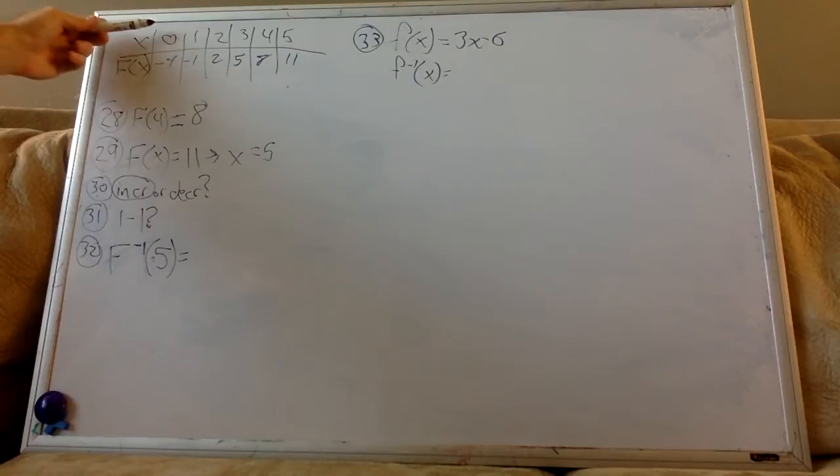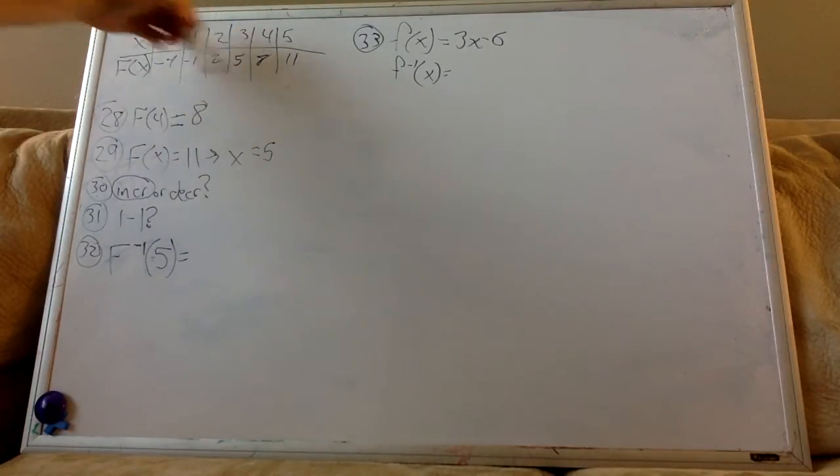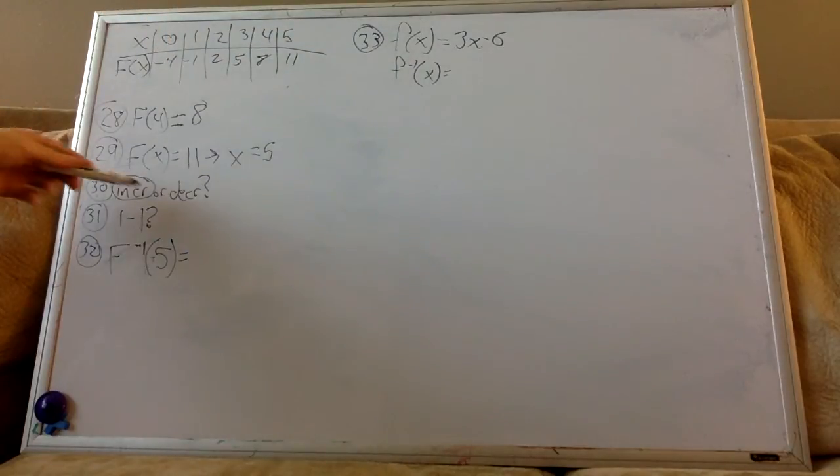Now if as our x increased, our f of x decreased, like if we had these numbers reversed, then it would be decreasing. Of course, it might increase and decrease over the range. You could specify, based on the information given, where it is increasing and where it is decreasing.